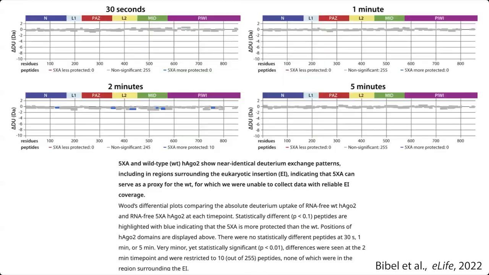However, the 5XA was identical to the protein in all the other places, and so we use this 5XA as a stand-in for just the normal wild type. And that's just a technical detail. But I like to give some of these technical details because I know I have a lot of trainees watching, and that's the sort of experimental design thing that you might need to think about, the sorts of controls that you might need to have.